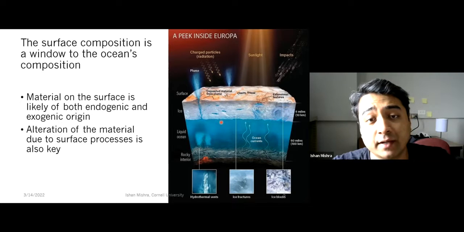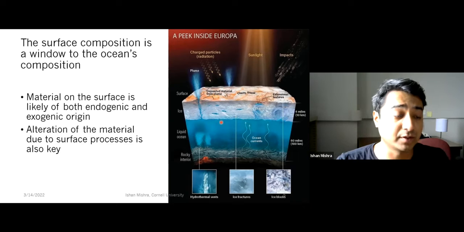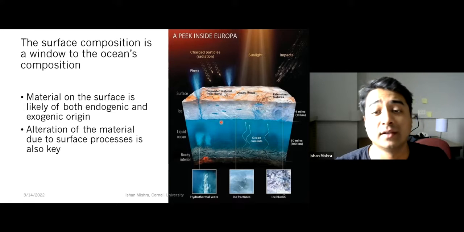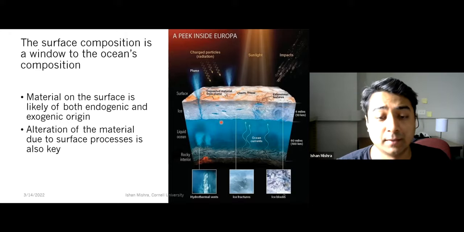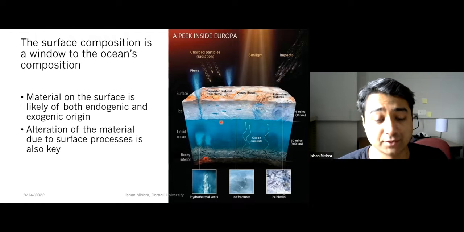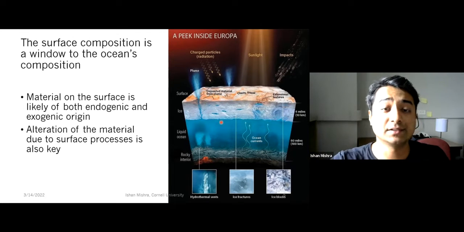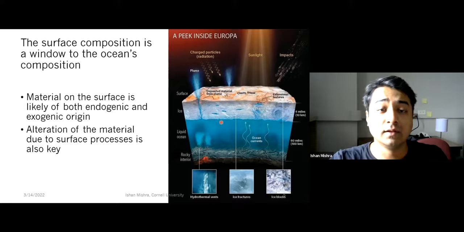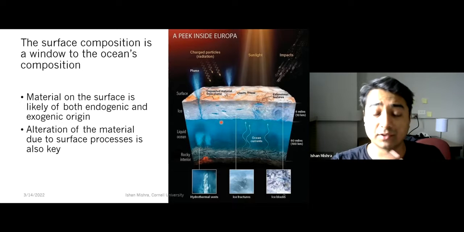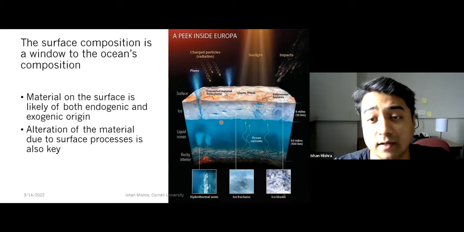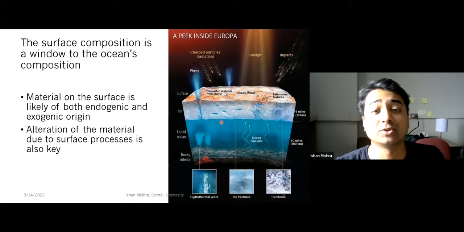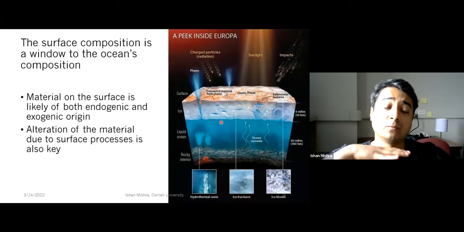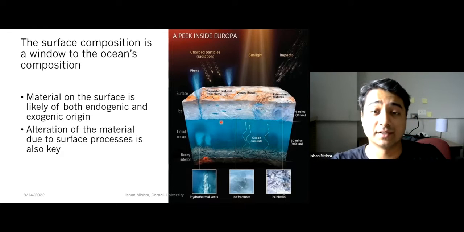And in the magnetosphere of Jupiter, you have a lot of stuff that comes from Io, sulfur being a prime component. And so that also falls on Europa's surface, primarily on the trailing side, and gives it a lot of its red color. So when we're trying to understand what the ocean might be made of, we need to understand if we are seeing the exogenic versus endogenic material.